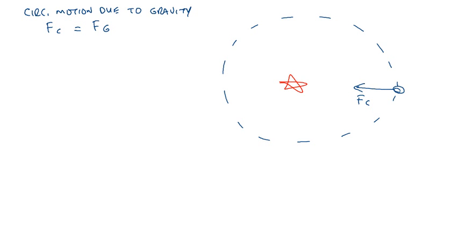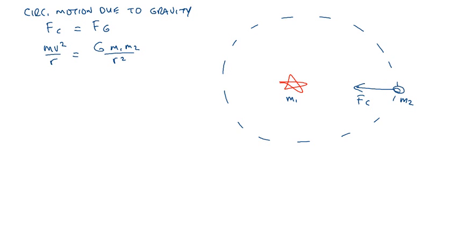And when I do, this centripetal force is mv squared over r. Gravity is big G m1 m2 over r squared. Notice that this is m1, this is m2, right? And when we do the circular motion part, when we do centripetal force here, that is the moving object.